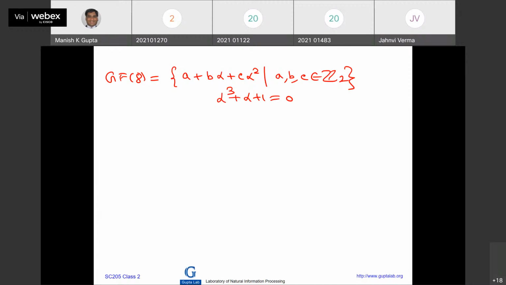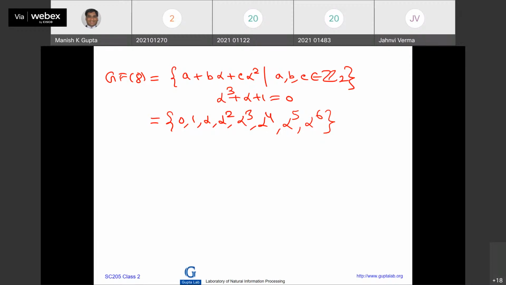Then we can have polynomial representation and we can have power of alpha representation. So I leave the polynomial and bit for you, that is okay. I write the power of alpha. How many powers will there be? One more? Where alpha satisfies this equation, right?